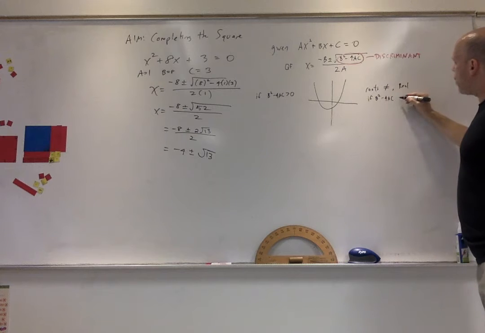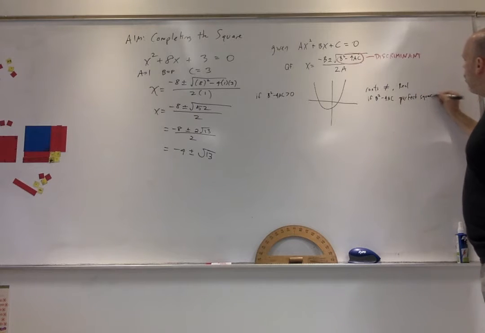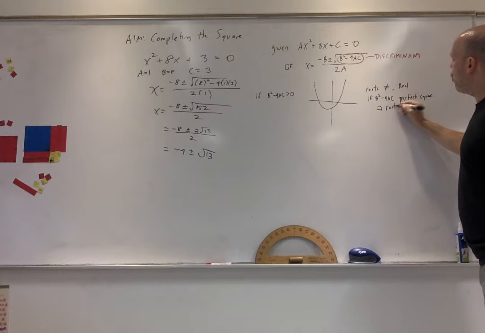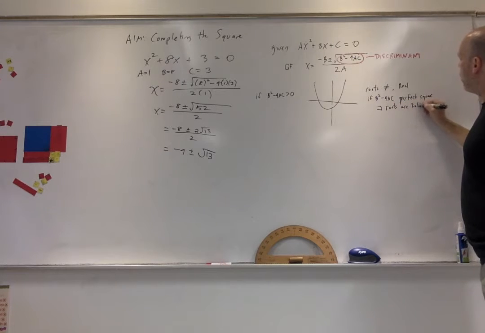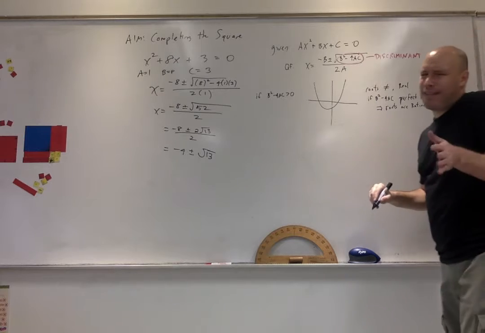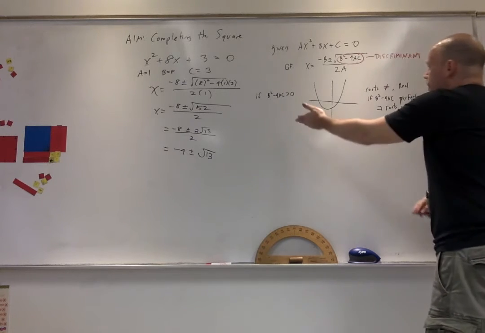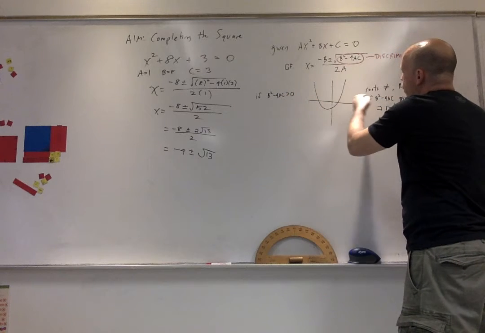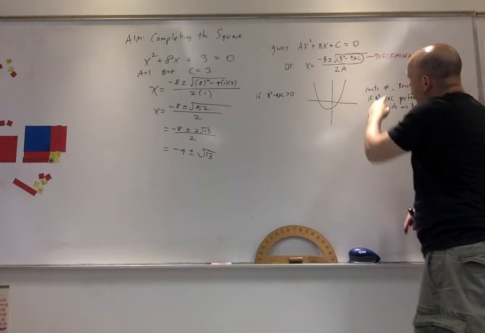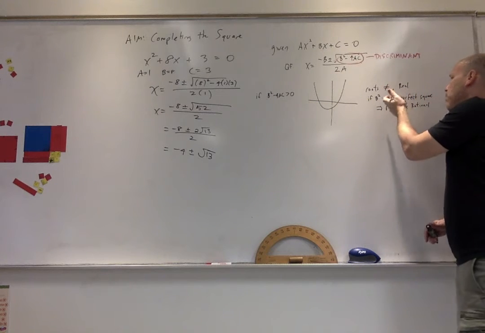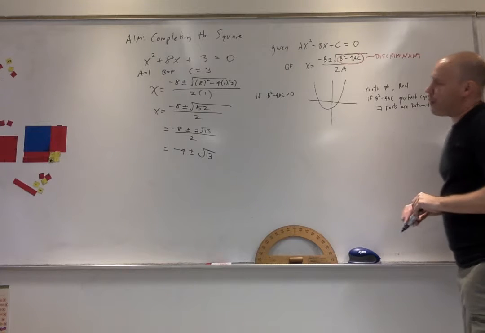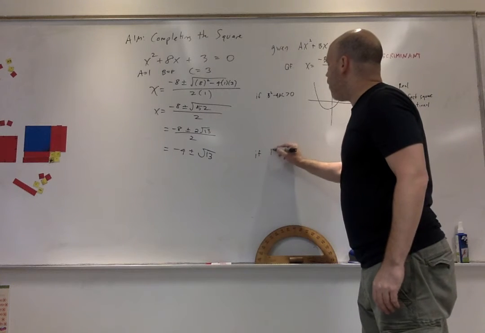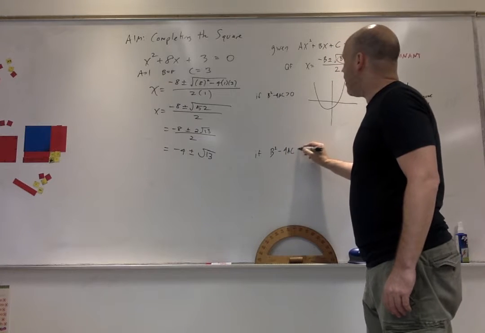And if b squared minus 4ac is a perfect square, then the roots are rational. But IB doesn't ask that, it's like an older thing. Anyway, so if b squared minus 4ac is greater than 0, the roots are not equal and they're real. And once again, if b squared minus 4ac is a perfect square, then the roots are going to be rational.